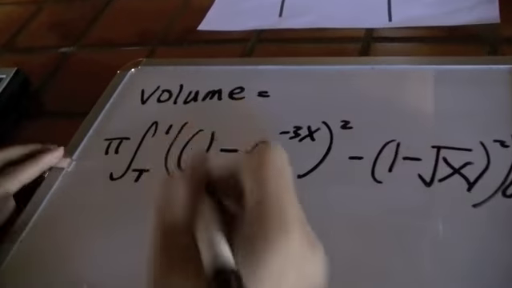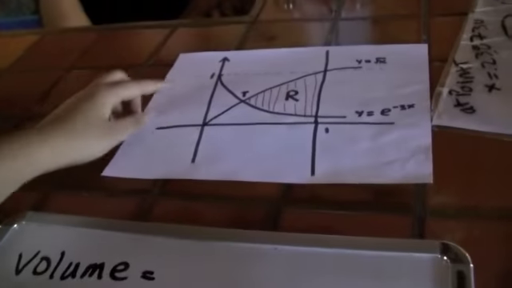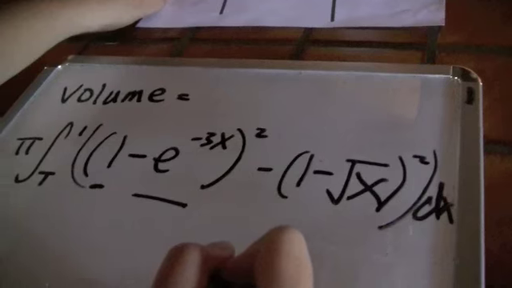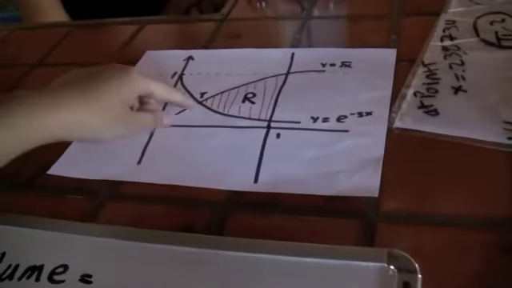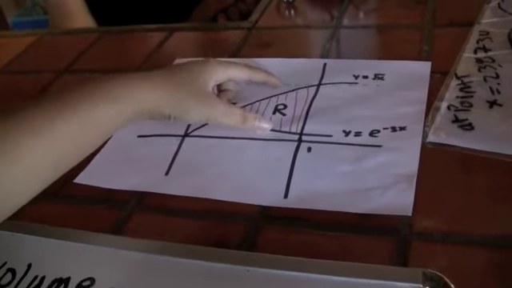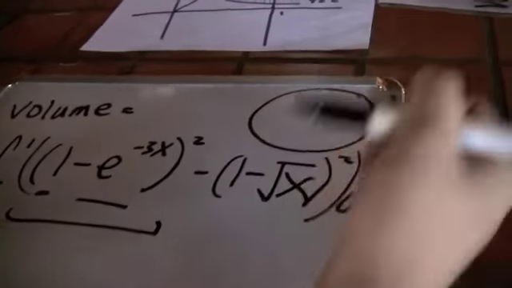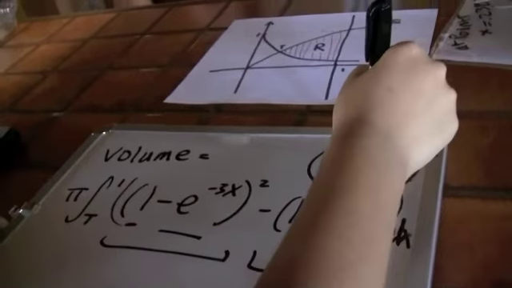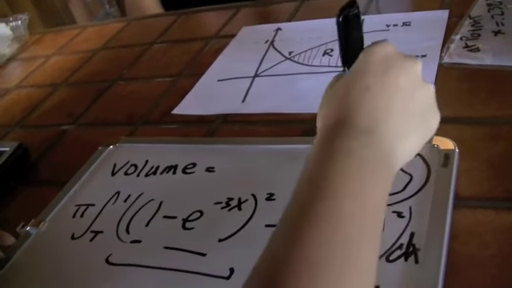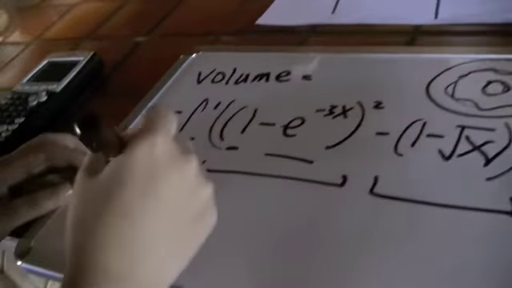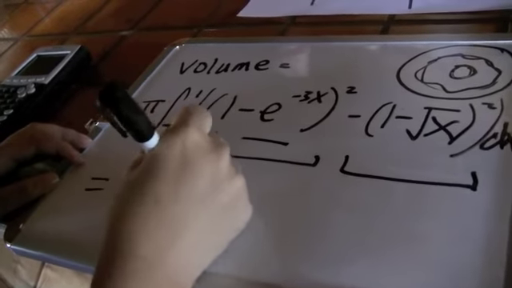You use 1 because y equals 1, and e to the power of negative 3x is there because this curve is further from the line y equals 1. For this part, you get the outer side of the donut, and for this part, you get the inner side of the donut. You use the outer part minus the inner part, and you get the volume of this donut. Your final answer will be 1.423.